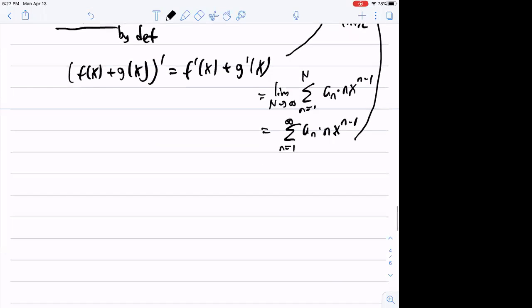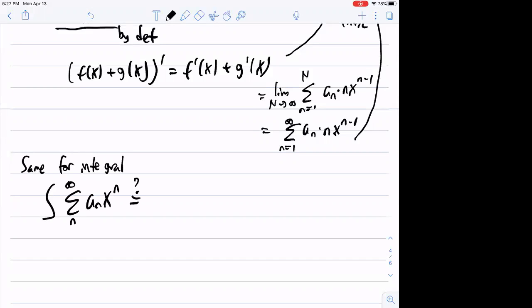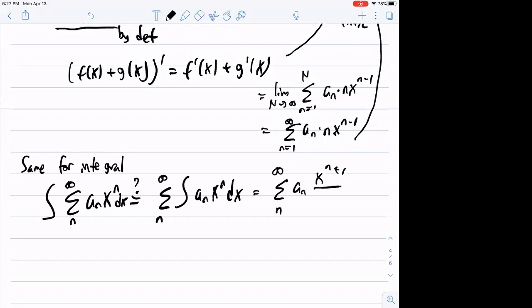And the same for the integral. If I had some infinite sum and I integrate a_n x to the n dx, can I just swap it? Sorry, there should be a dx. Because this you know how to do, and again, it's going to be a_n times the formula, so it's given by this.